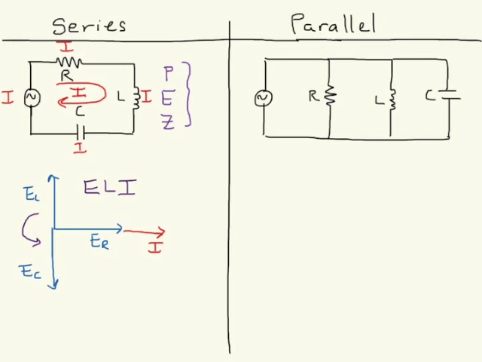And that's the way things go in a circle, all the way around. So as these vectors spin counterclockwise, you see that EL is ahead of I. Voltage leads current by 90 degrees. We've got a 90-degree angle right there.